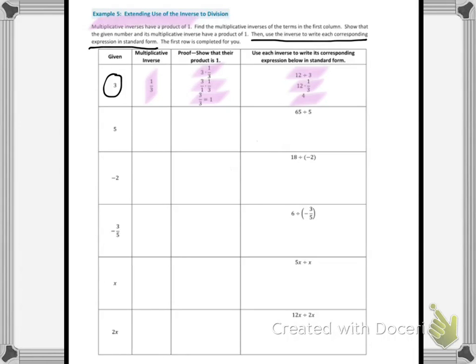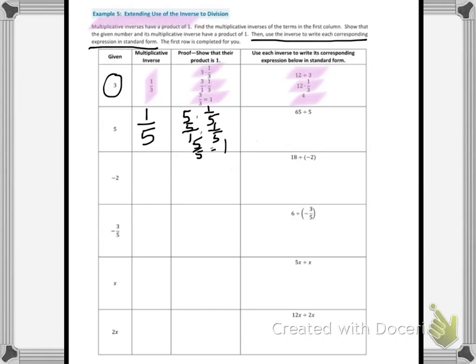So 5, of course, its multiplicative inverse, or its reciprocal, is 1/5. Proof: 5 times 1/5 is the same as 5 over 1 times 1 over 5, which equals 5 over 5, which equals 1. Just do it like that. Now we have 65 divided by 5.